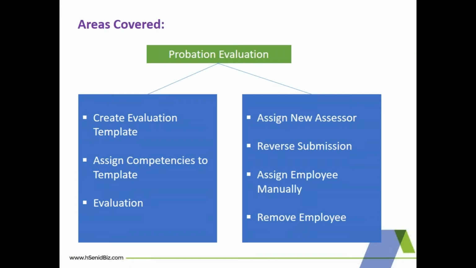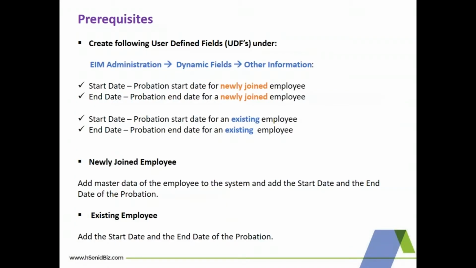Before moving into the system, we have some prerequisites that need to be done in this module. First of all, you have to create the following user-defined fields under EIM administration. There's an area called dynamic fields, and under that you have the other information area. These 4 fields have to be created under that area.